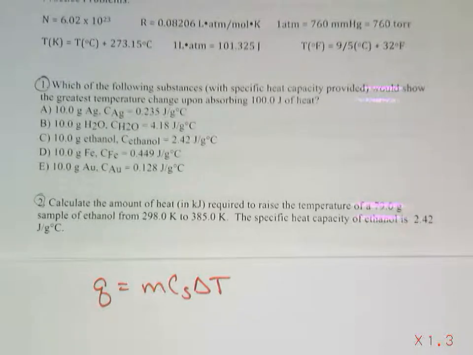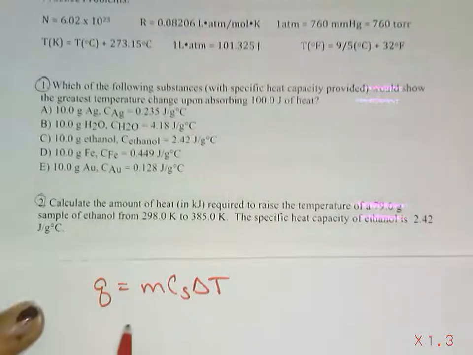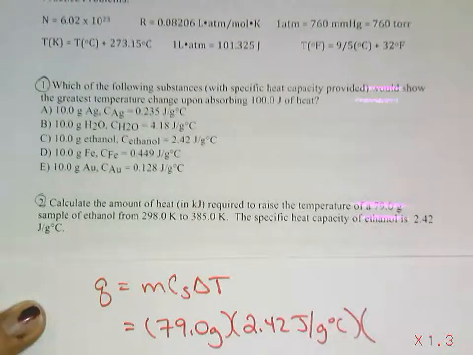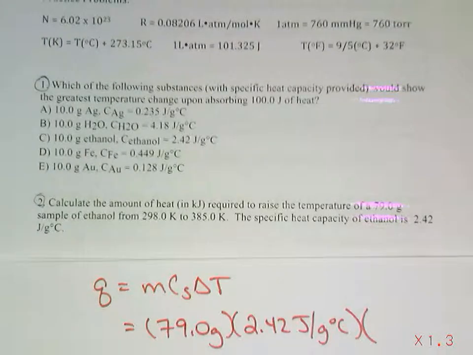So this would just be 79.0 grams times 2.42, and whatever that is, 298. Oh, no, other way. 385 minus 298.